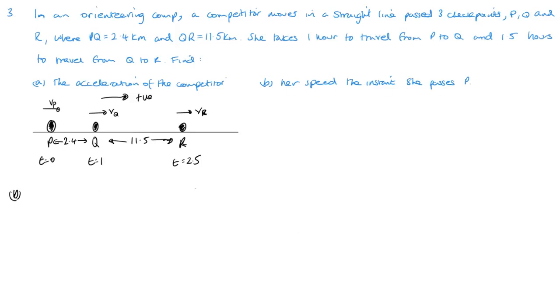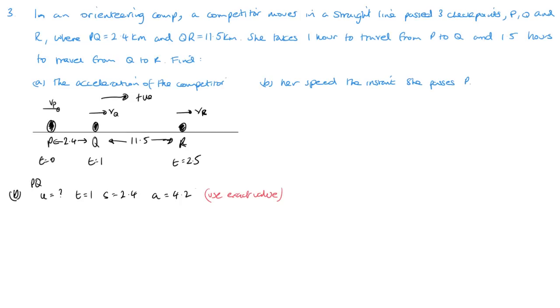So part B, now we want to find VP, which is U. That was my VP, but I can just leave it as U, because that is what I want to find. So I want to do this between P and Q. So time equals 1, distance equals 2.4, and acceleration equals 4.2, but use the exact value.